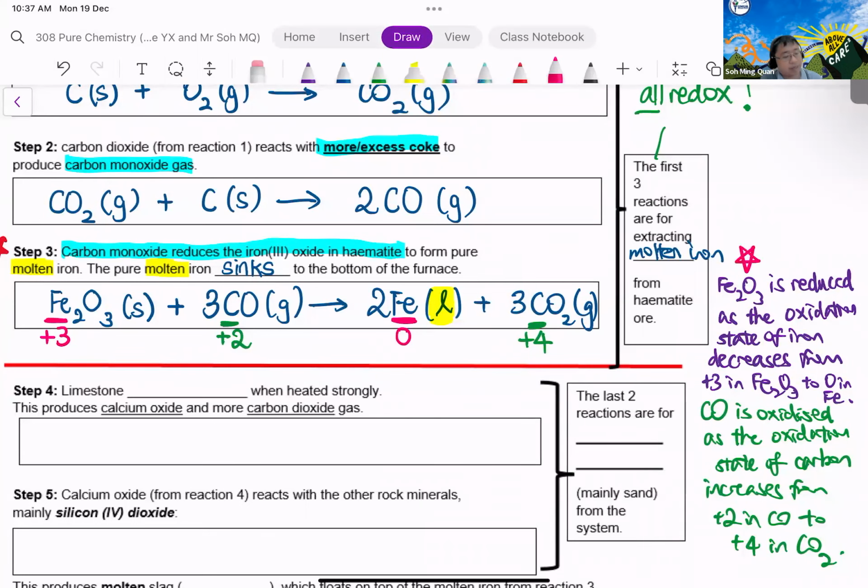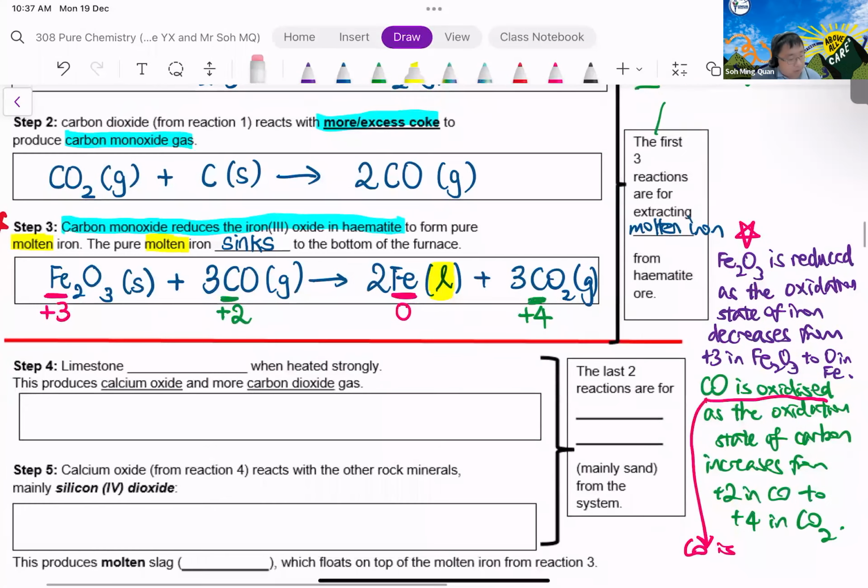Okay, so let's take this down. With this, you have learned how to combine redox together with extraction of iron. It's quite clear from this as well. Therefore, CO, carbon monoxide, is the reducing agent.